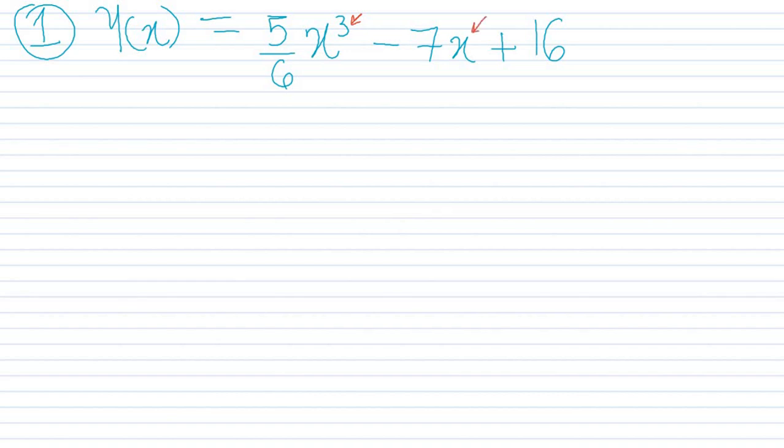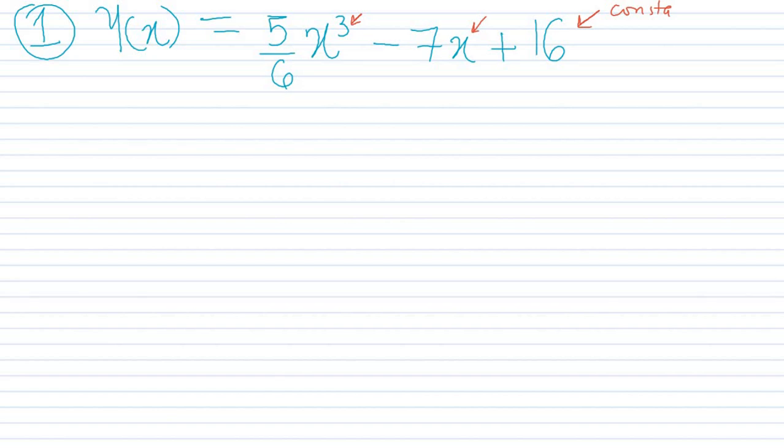This power here is 1, because anytime you have a variable sitting by itself without any evident power, the power is 1. And this is just simply a constant.